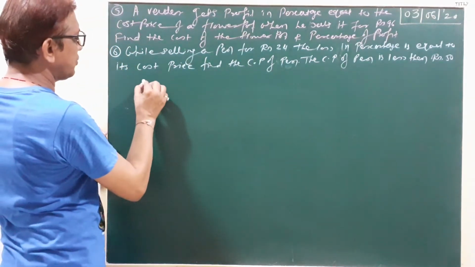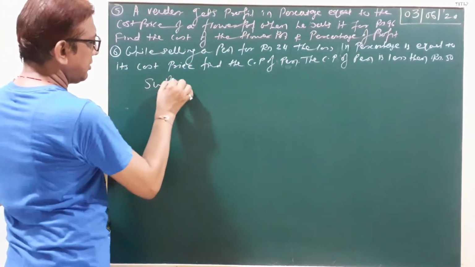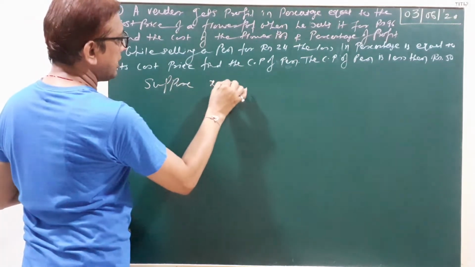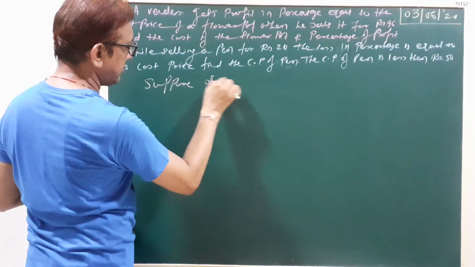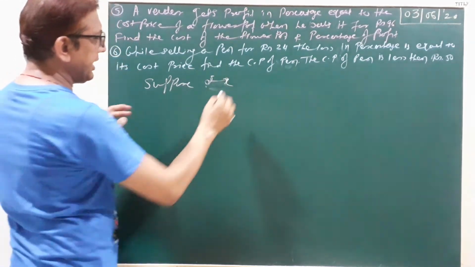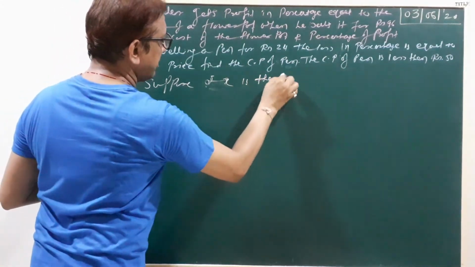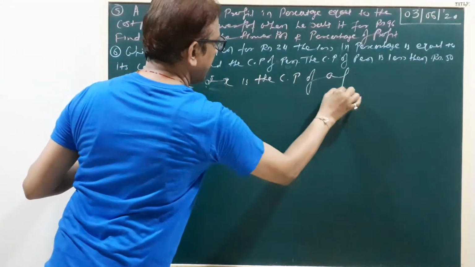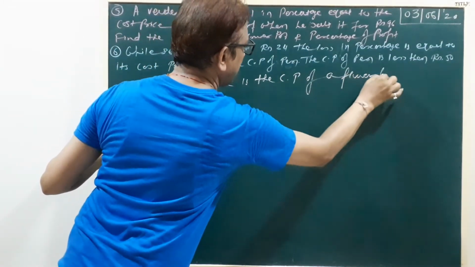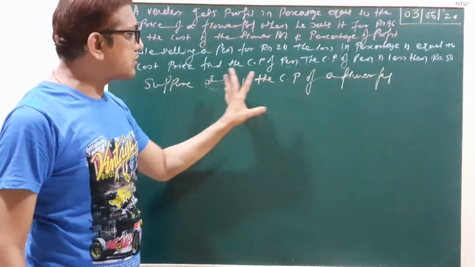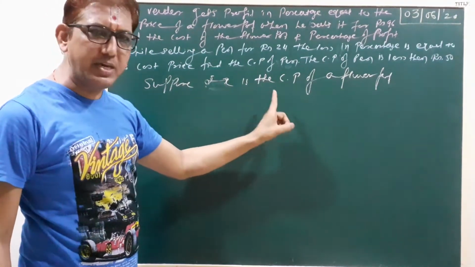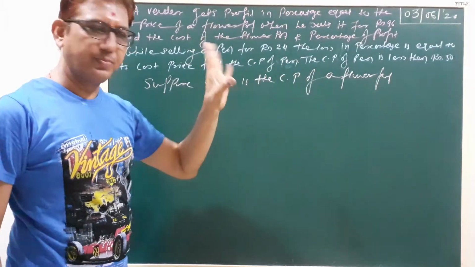So first we suppose rupees X is the cost price of a flower pot.